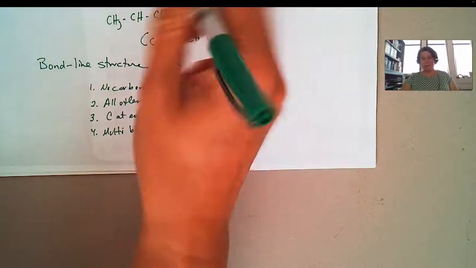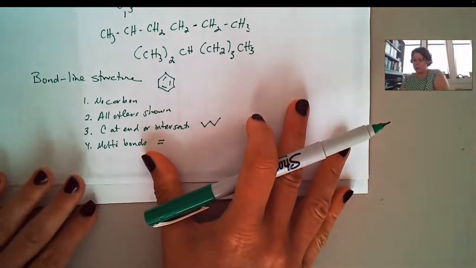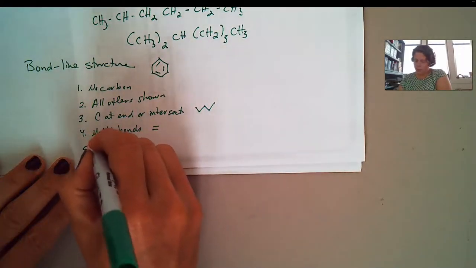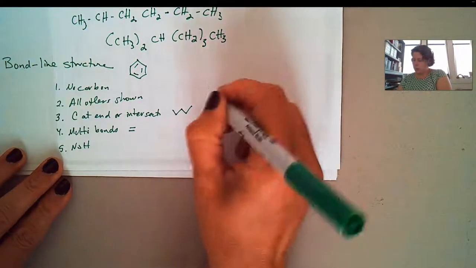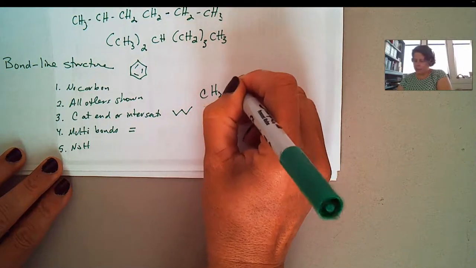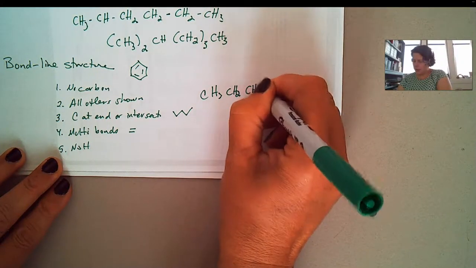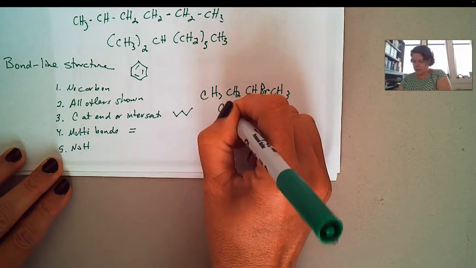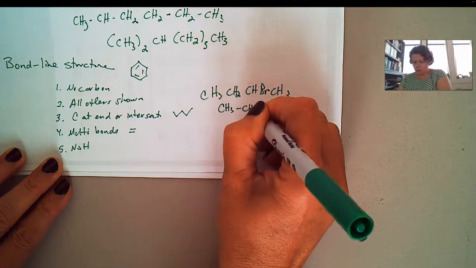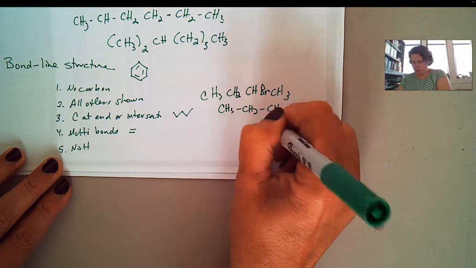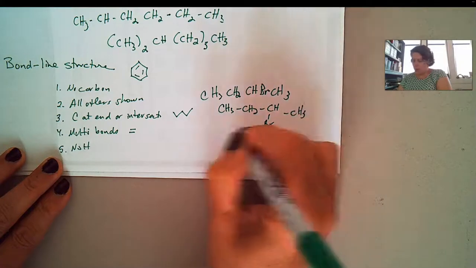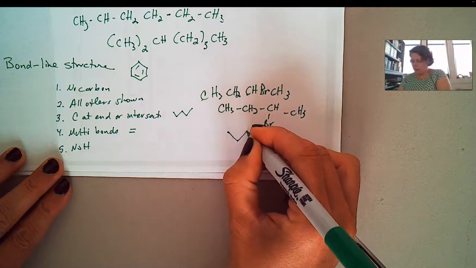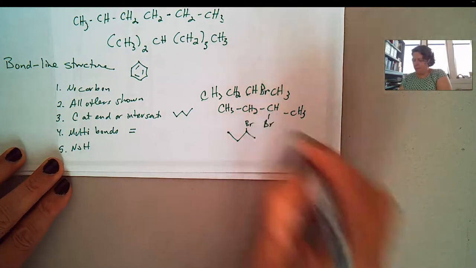It's much faster to draw these bond lines than to draw all the hydrogens out. So for this example, we can go CH3, CH2, CHBr, CH3, or we can go 1, 2, 3, 4, bam, we're done.